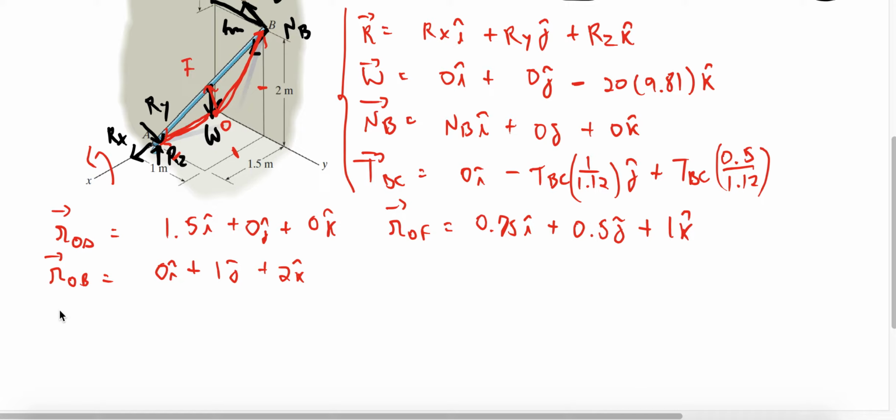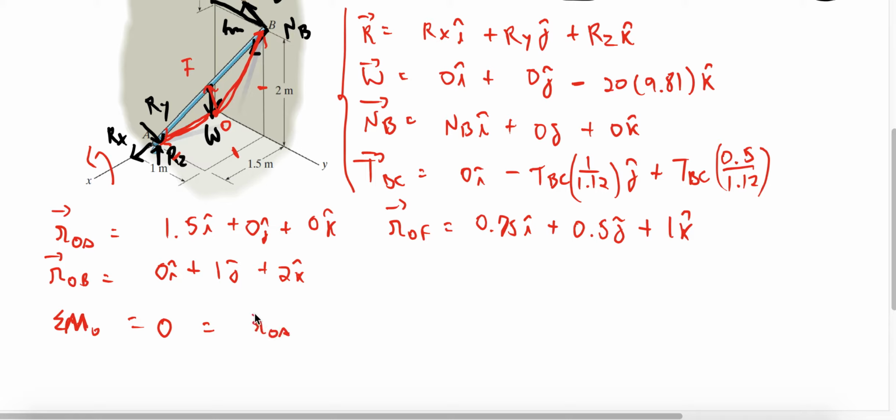So if I sum the moments about O, which is the point that I defined that intersects every single one of those axes, and I set that equal to 0.